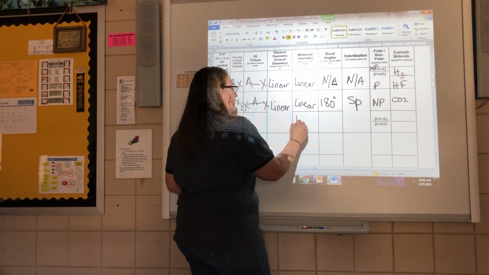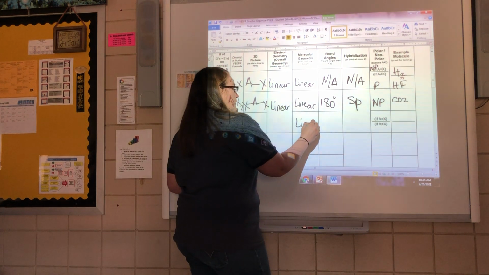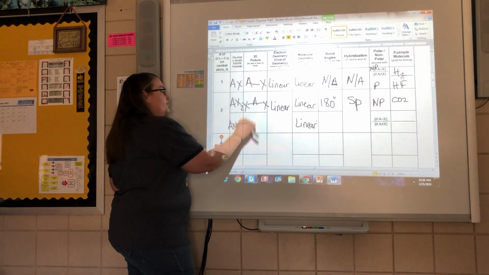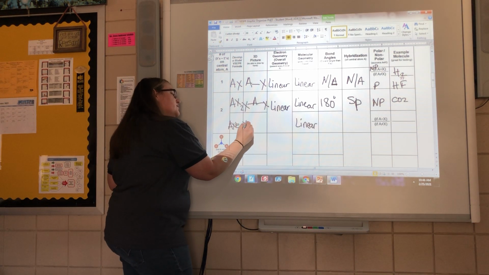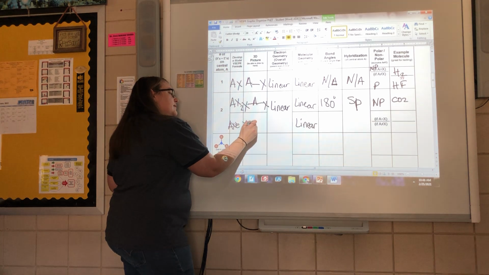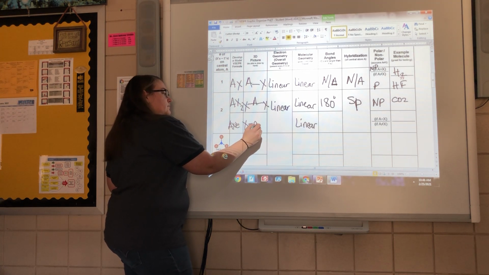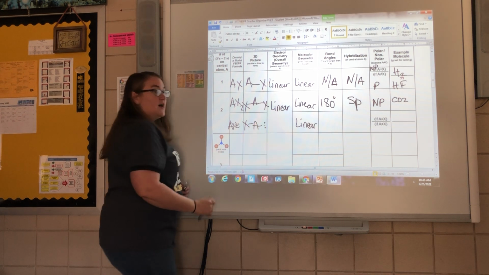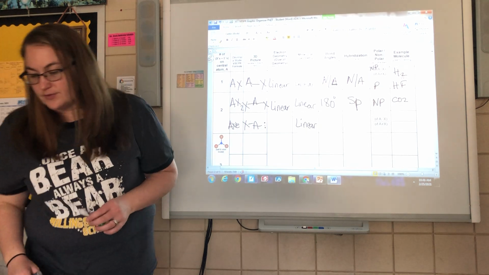So I'm going to write linear here. All right, for my shape, this 3D picture, I'll skip that. You're just going to have X, A, and then you just have a pair of electrons. I'm going to put 2 dots there to represent a pair of electrons.